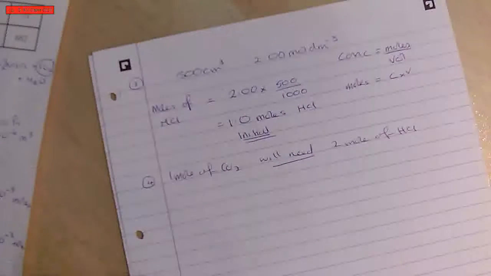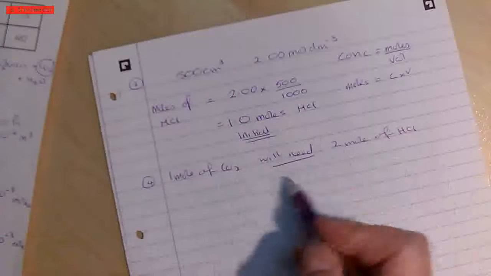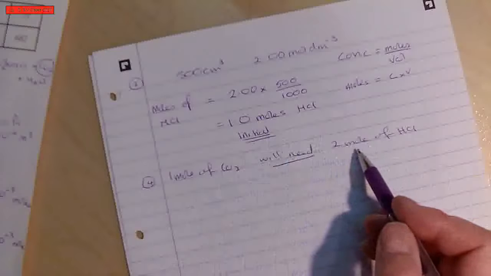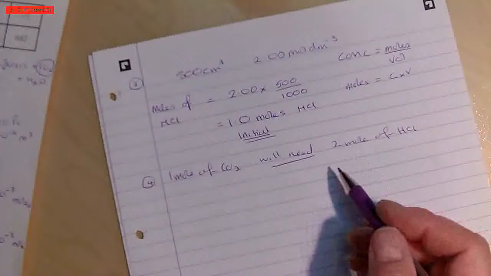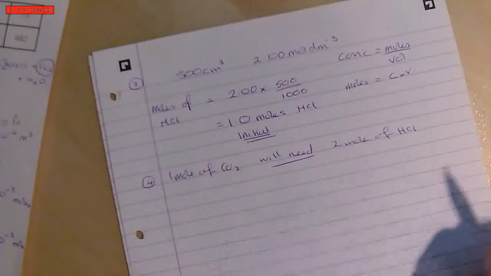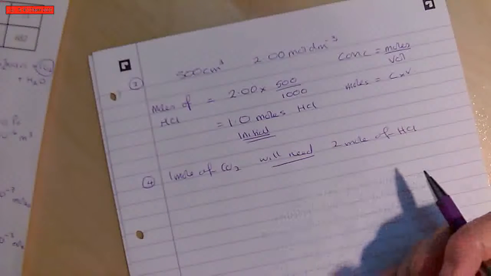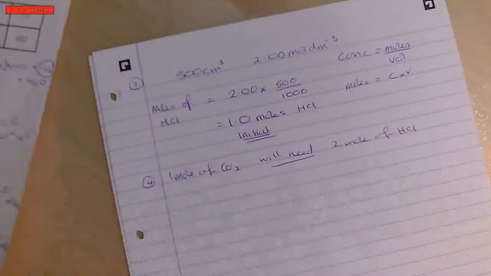So at the very beginning of the reaction we had 1 mole of hydrochloric acid. Once the reaction started, the hydrochloric acid was being reduced. So for every 1 mole of carbon dioxide that was produced, we'd used 2 moles of hydrochloric acid.